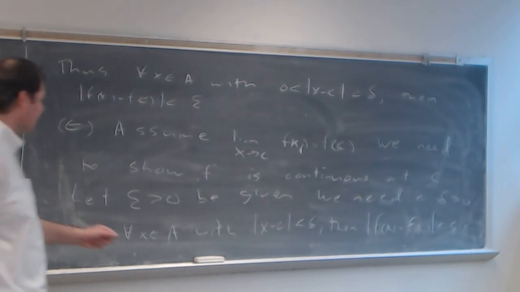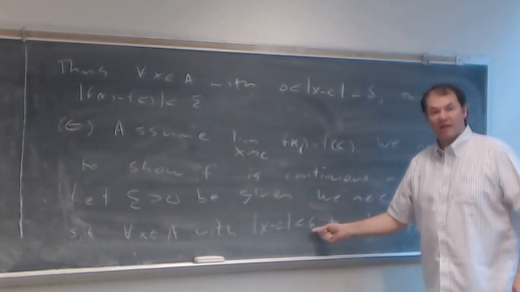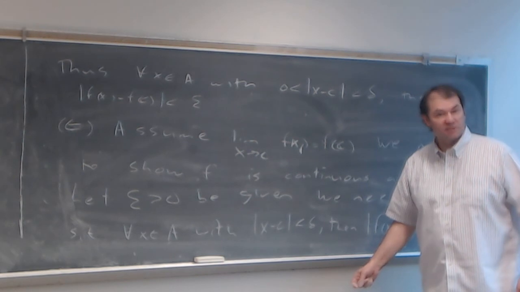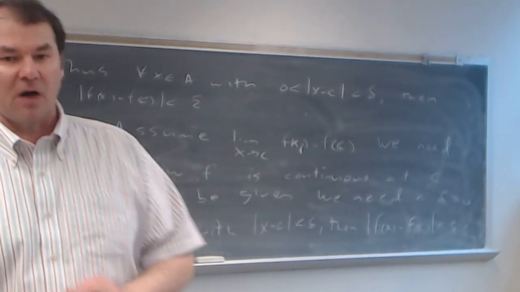You know, look, what this is saying is we want to make sure that for all x's that are really close to c, and that includes c, the absolute value of f of x minus f of c is less than epsilon. What I have is the following.